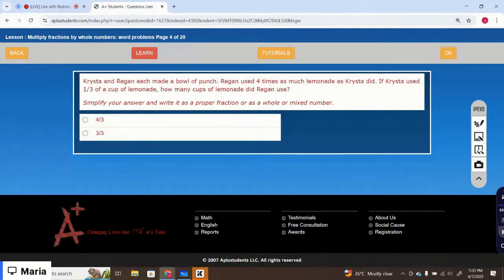Krista and Reagan made a bowl of punch. Reagan used 4 times as much lemonade as Krista did. If Krista used one third of a cup of lemonade, how many cups of lemonade did Reagan use? So, which is the correct option?